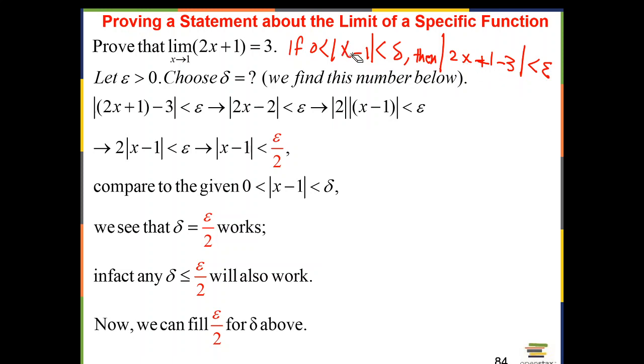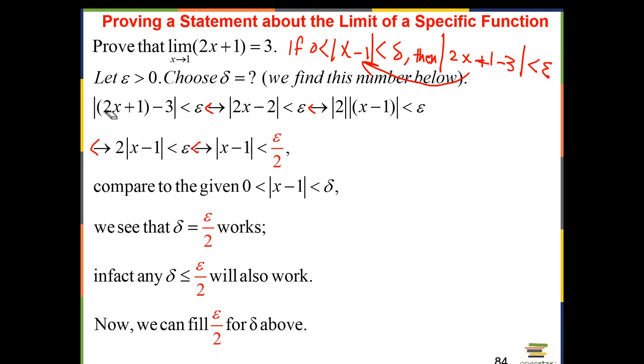So instead of starting from here and proving that, I'm going to start from here and go backwards, right? And then these arrows, I'm going to make them two-way because what I do here can be reversed. So I'm just going to make them double arrows.